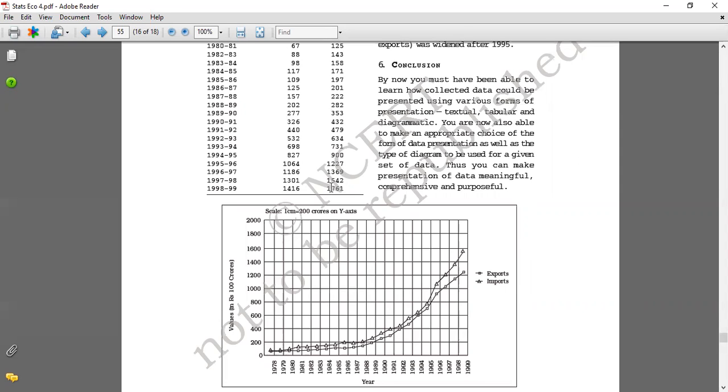Now I will conclude the chapter: in all the graphs, there are limitations in the present graphic presentation. They have limited application; they are intended mostly to explain quantitative facts to the general public.